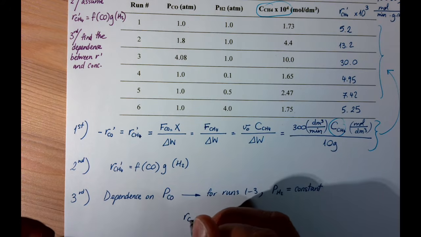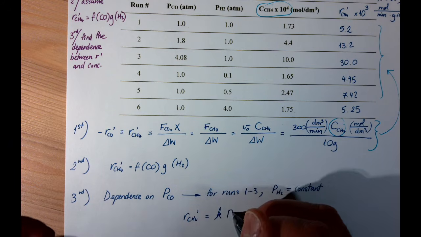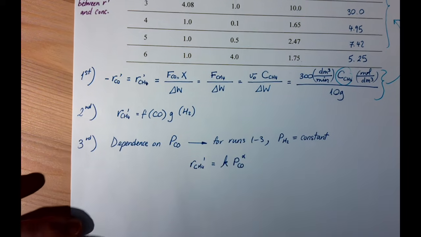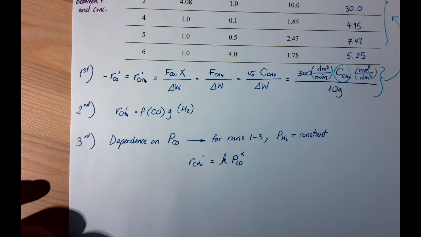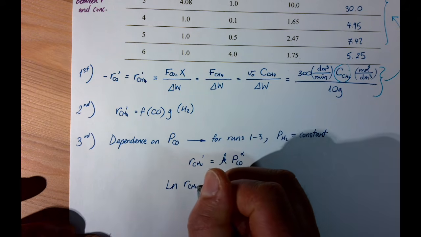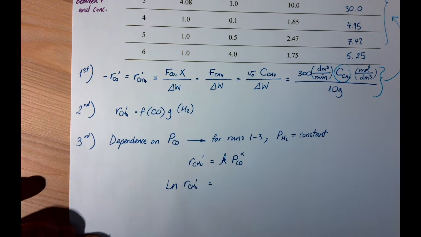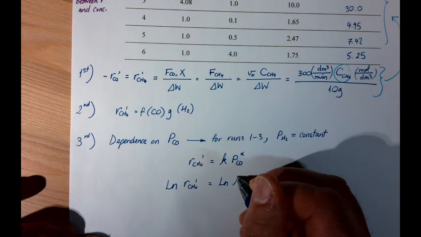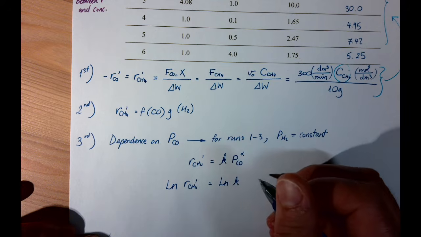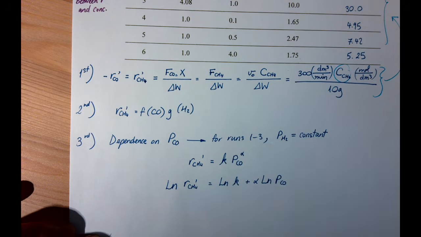So I can write the rate as K times the partial pressure of CO to the power of alpha. Now if I represent the natural log of the rate of CH4 prime, basically linearizing this, same as we did with the homogeneous reactions, I'd have natural log of K plus alpha times natural log of PCO.